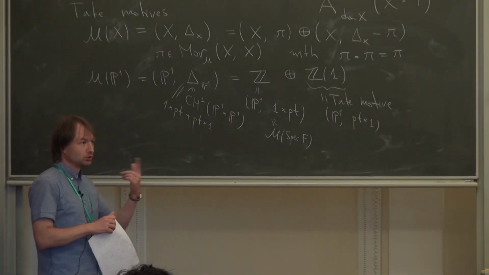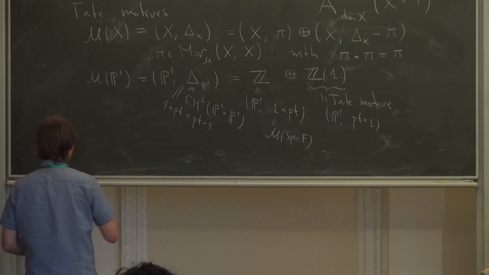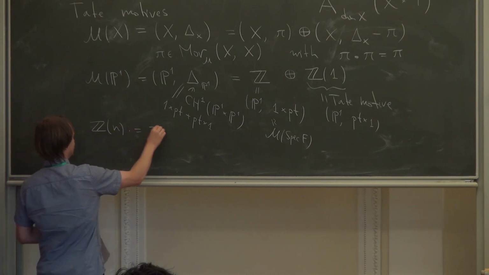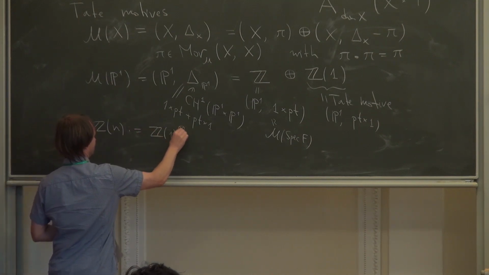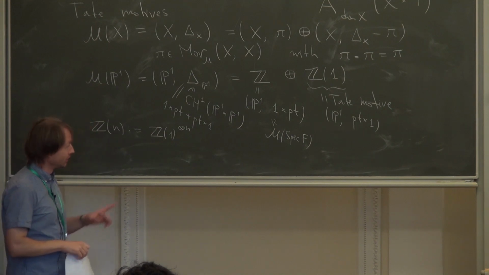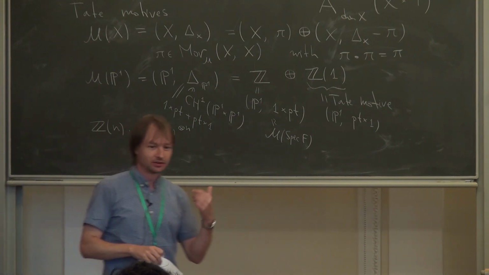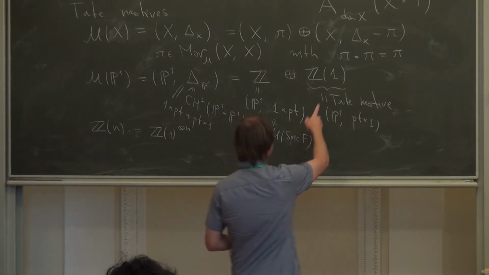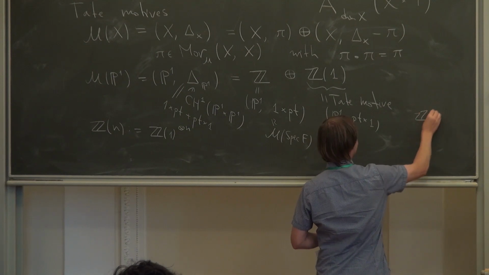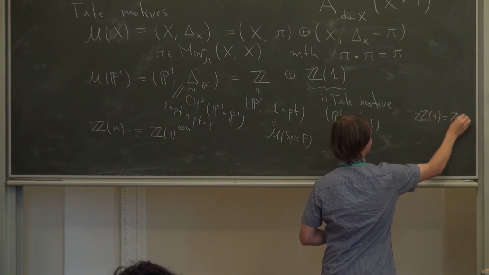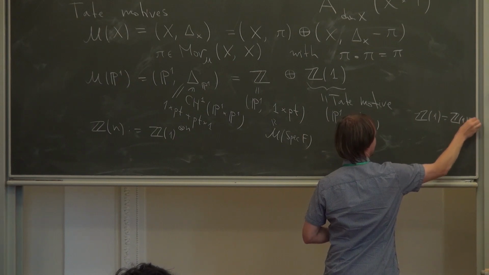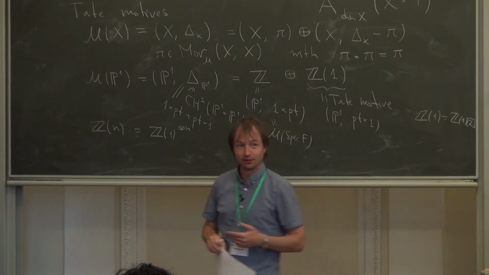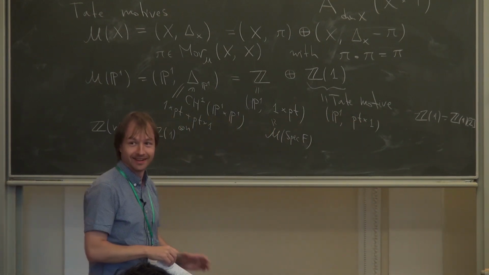Then we can produce bigger shifts by taking the tensor product. So Z shifted by n is Z1 tensor n times. Note this shift is not the same as in all previous talks. Actually, this shift in Z1 is Z12. But since in my lectures the second number is always twice the first number, I will omit it.